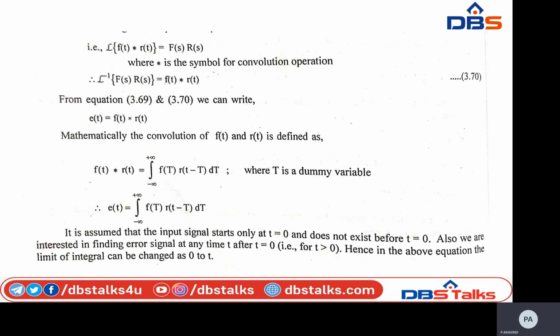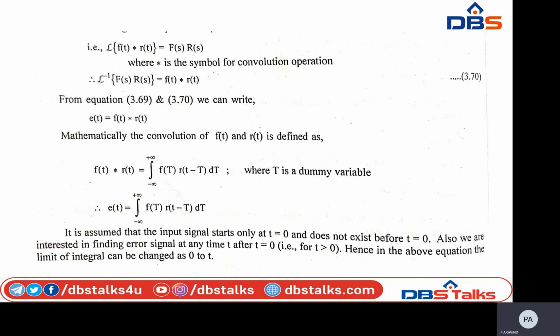See, Laplace transform of F of T convolved with R of T equal to F of S multiplied with R of S. So where the star symbol is the symbol for convolution operation, we know that.